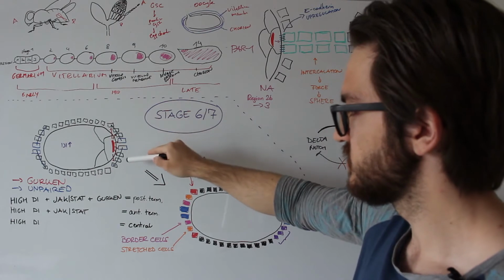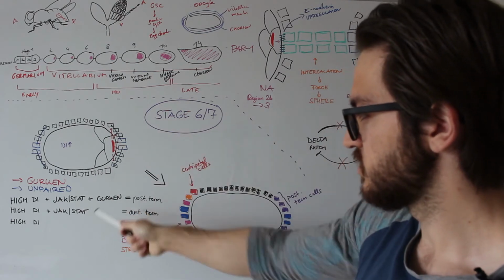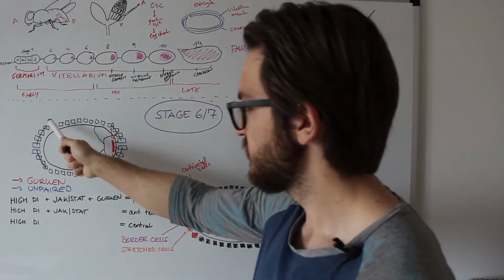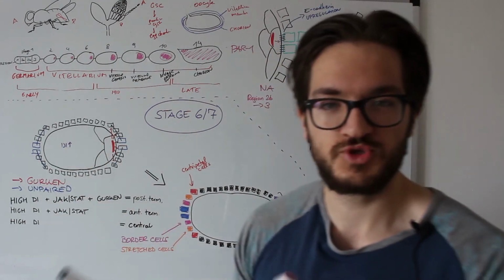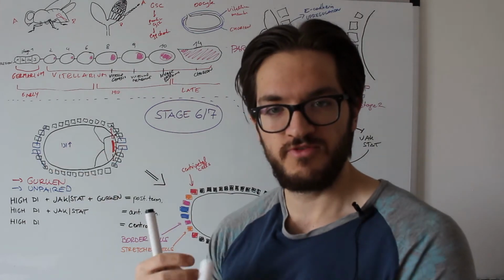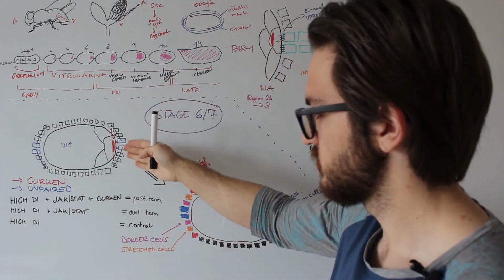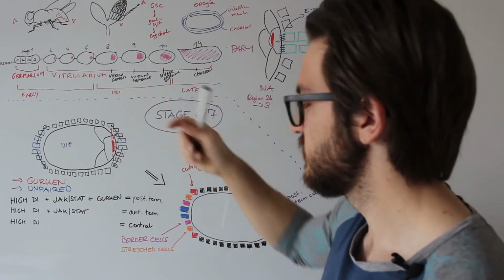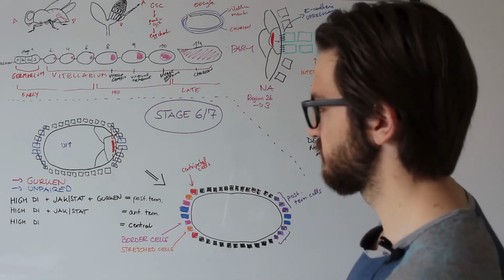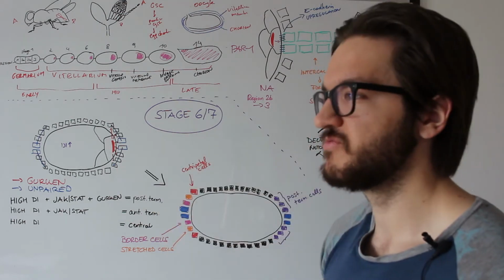So these terminal cells also have this signal leading to posterior terminal fate. So the default terminal fate is anterior, here. And the fate of terminal cells, if Gurken or TGF-alpha is received, is posterior terminal fate. So that is what's meant by this transfer of information.